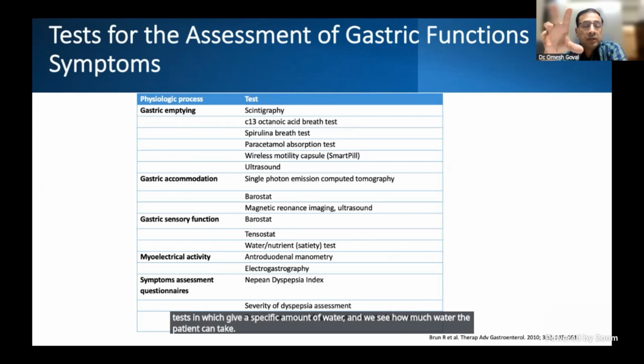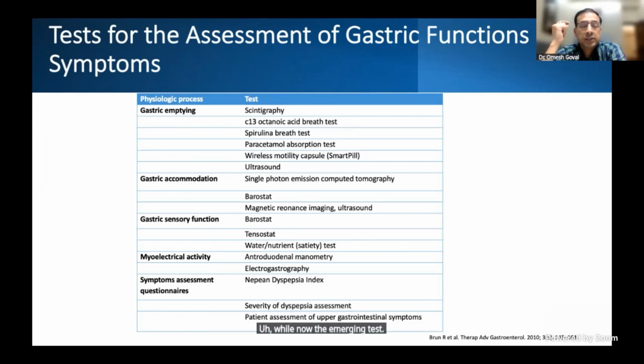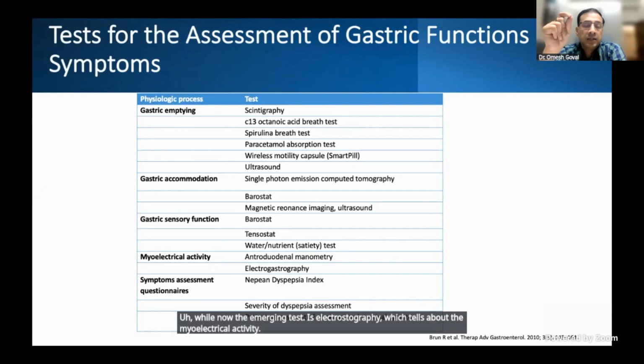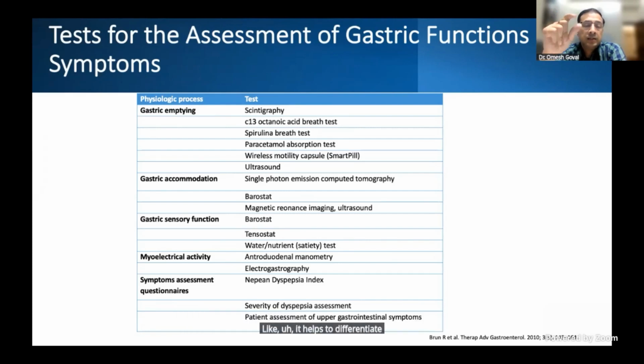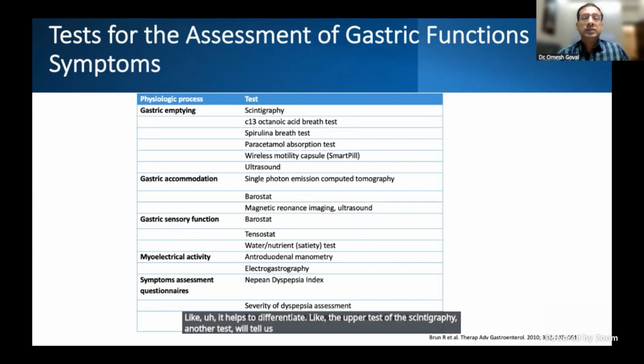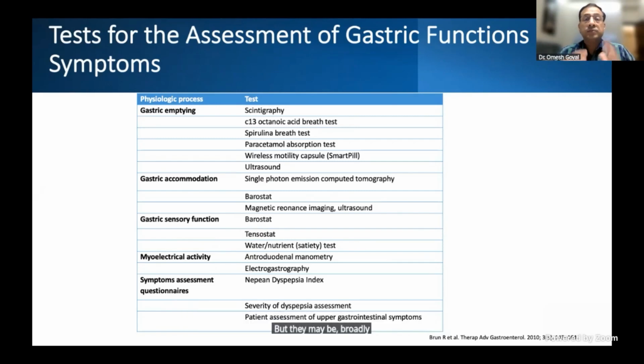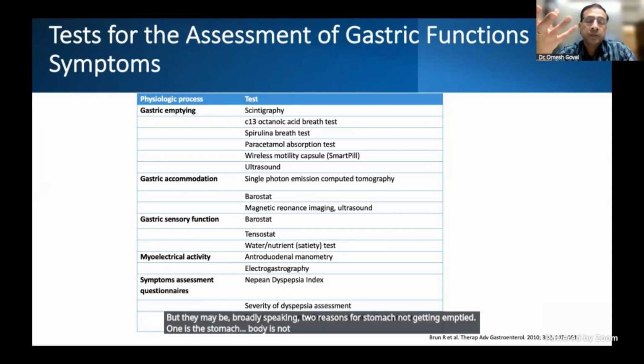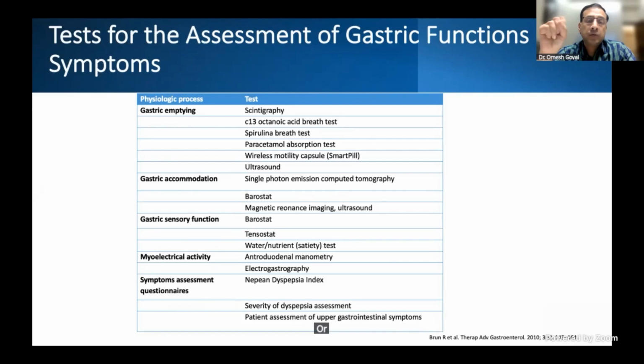The emerging test now is electrogastrography, which tells about myoelectrical activity and helps to differentiate. The scintigraphy will tell us the stomach is not getting emptied. But broadly speaking, there may be two reasons: either the stomach body is not moving at all, or there is a problem in the pylorus, a functional obstruction.